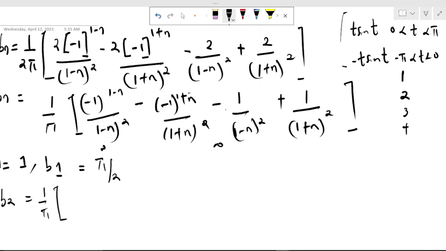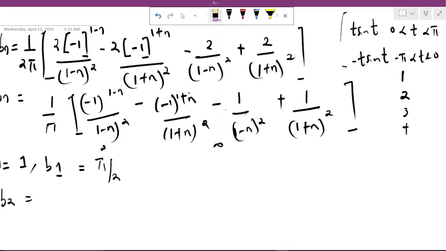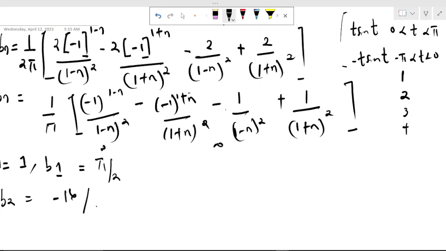Okay, putting n as 2, our B2 gives us minus 16 over pi times 3 squared, which is like saying minus 16 over 3 squared pi. You can write 9, that's still fine. I just like to keep the squares the way they are whenever I see them in Fourier series.